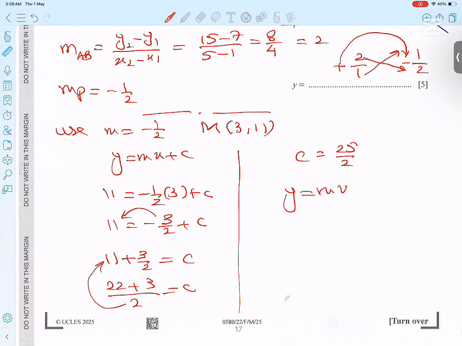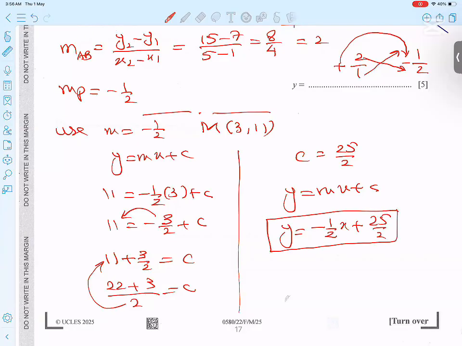So what is the final answer? y equals mx plus c. m is this, c I just got now. So y equals negative half x plus 25 over 2. This is our final answer. But if you want to convert this into a mixed fraction, 12 twos are 24, 1 left.